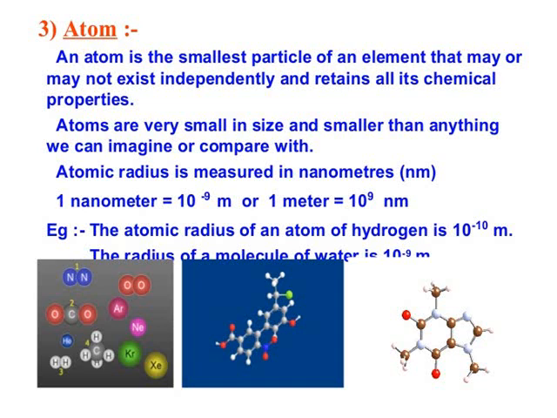So what do we conclude from all this? An atom is the smallest particle. It cannot be divided further, and the dimensions of an atom are very small, expressed in nanometers, and 1 nanometer is equal to 10 to the power minus 9 meters.